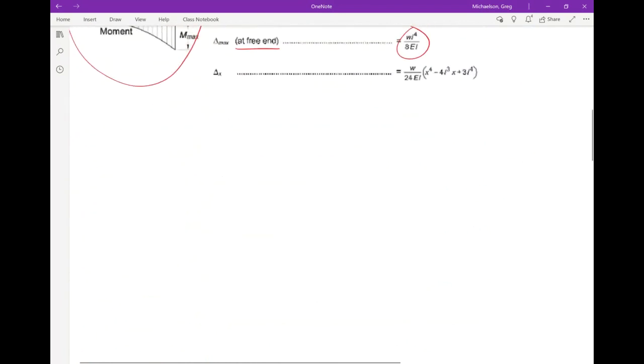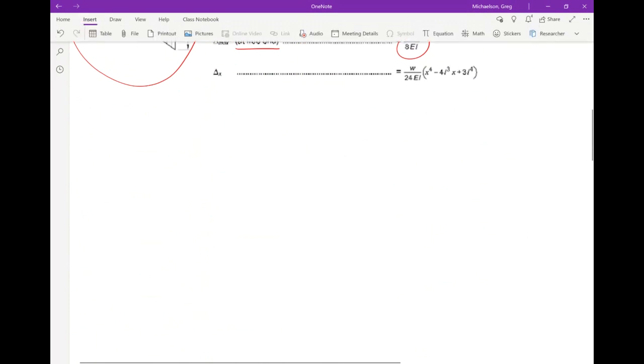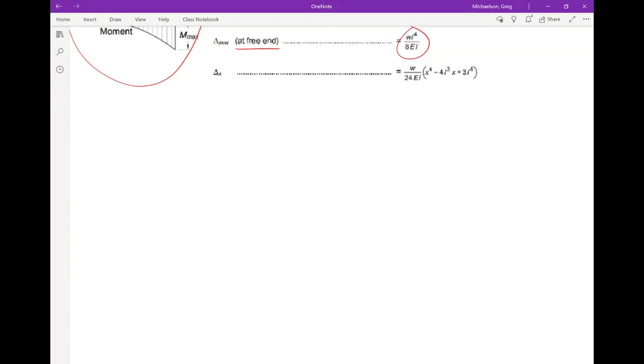Now what I want to do is start focusing on the point loads, okay? I'm going to start with the point load that's the easiest, and that's case 22, which is the concentrated load at the free end. So, point load at the free end. I'm looking at the beam like this.